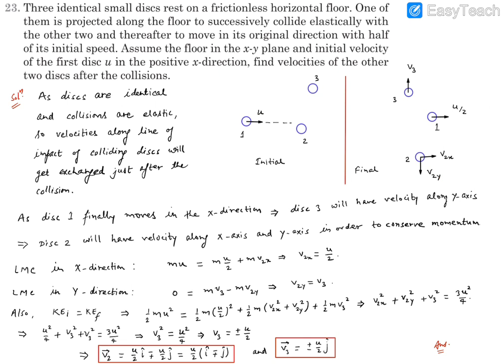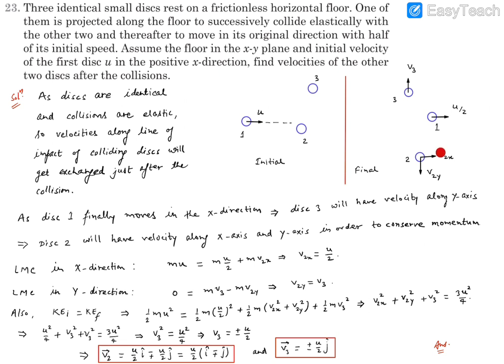Now we know that if we consider this entire system together, linear momentum is conserved. So let's conserve linear momentum in the x direction. Initially, the only momentum was mu. Finally, the third is not going to have any momentum in the x direction, that's for sure. One is going to have momentum mu by 2.